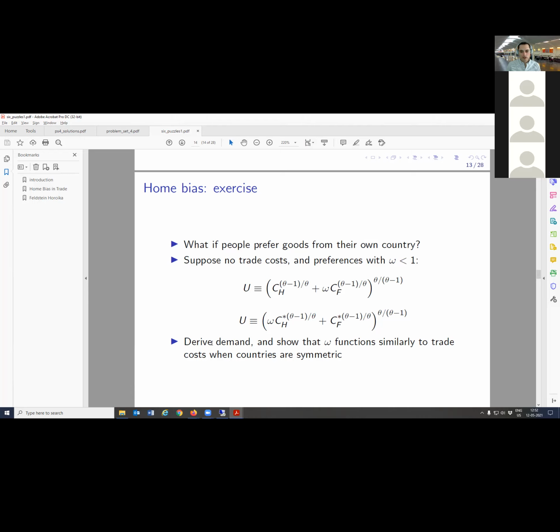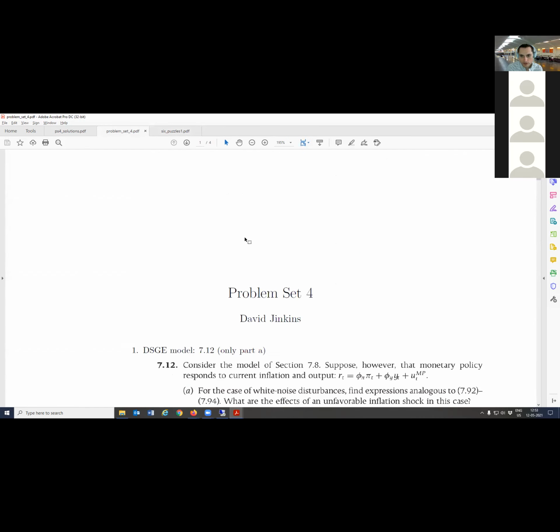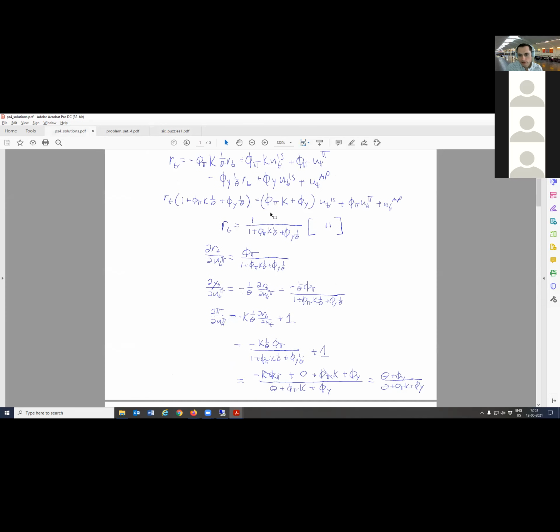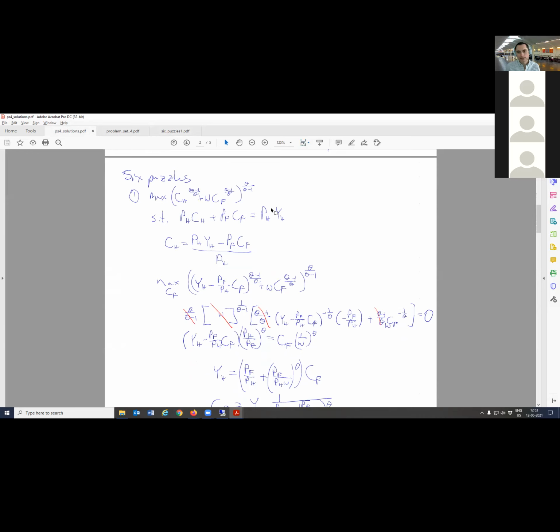So I say here, derive demand and show that omega functions similarly to trade costs when the countries are symmetric. Excuse my scribbly handwriting, but I just wrote down the household's optimization problem for home, the representative consumer's optimization problem.